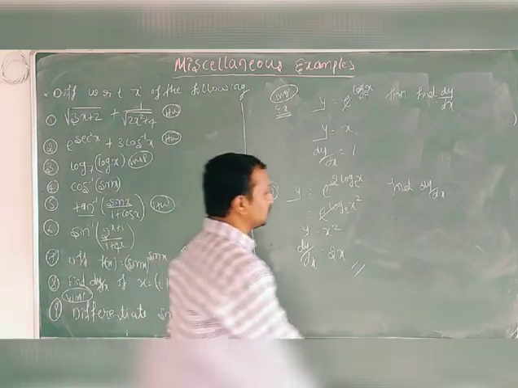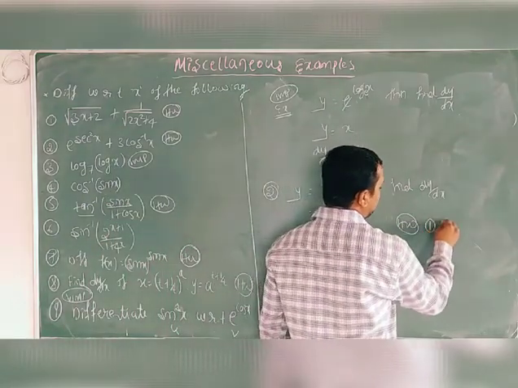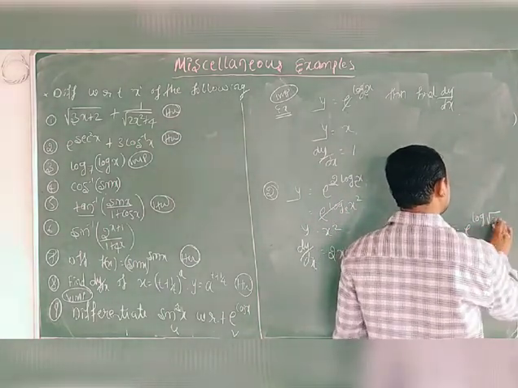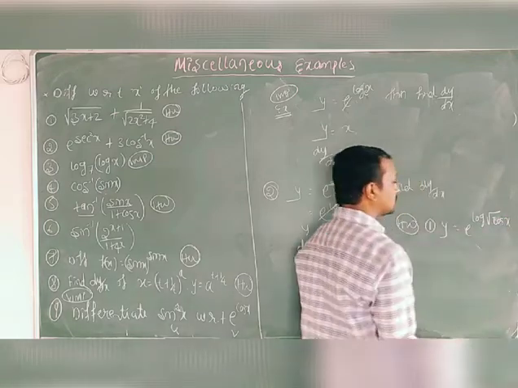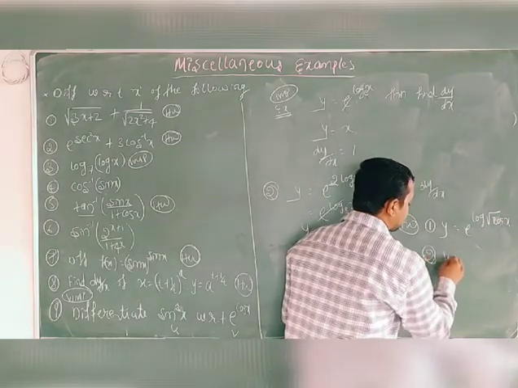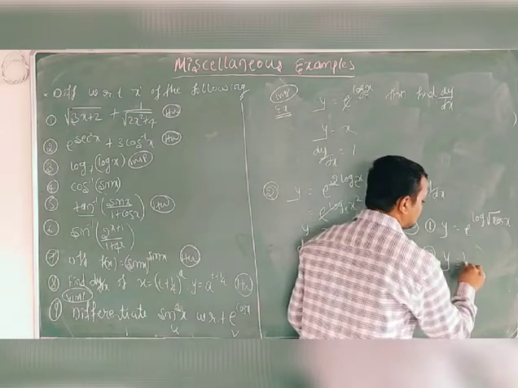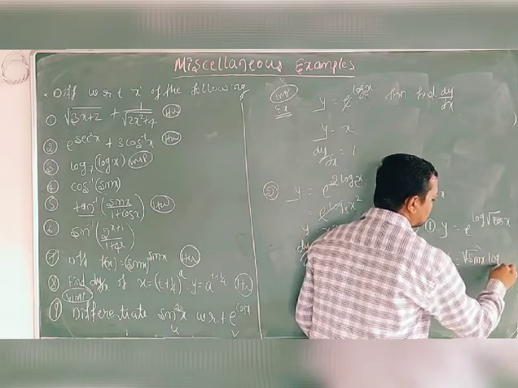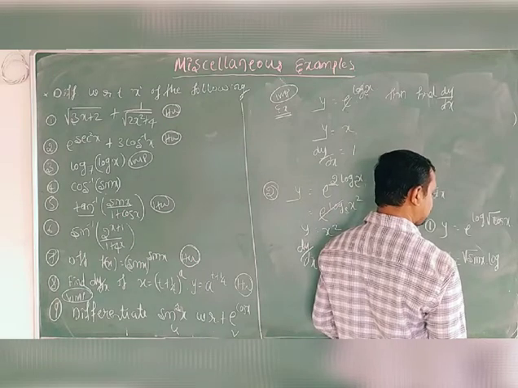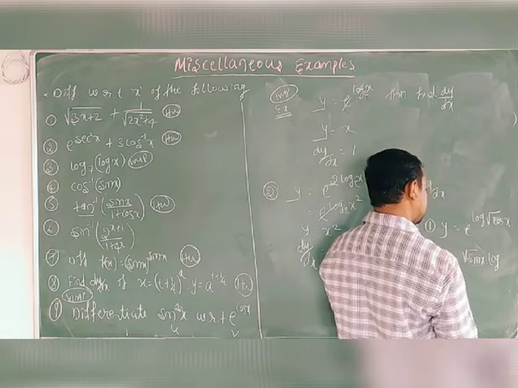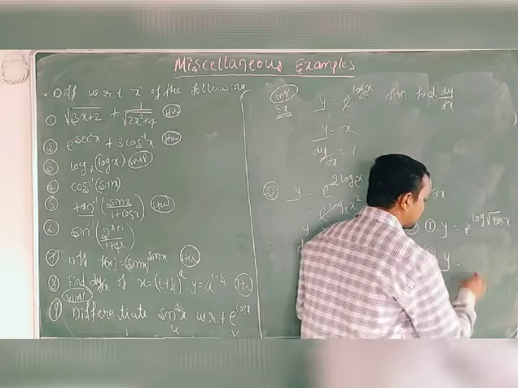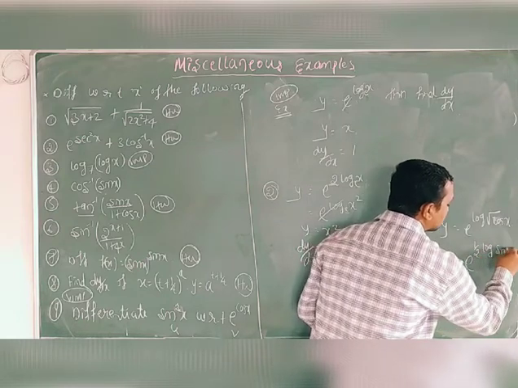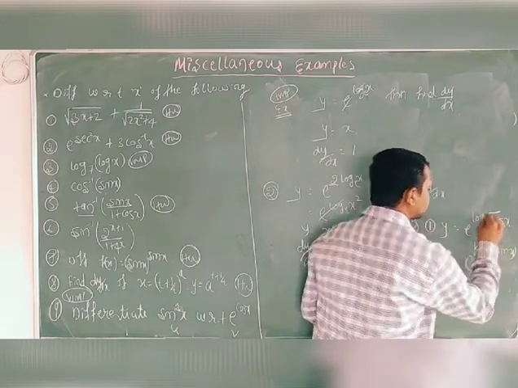This is also one very important concept. Is that clear? So again, you people find an example. y equal to e raised to log of root cos x. Second one, y equal to root of sin x raised to... Here I can write this function as e raised to 1 by 2 into log of sin x to the base e.